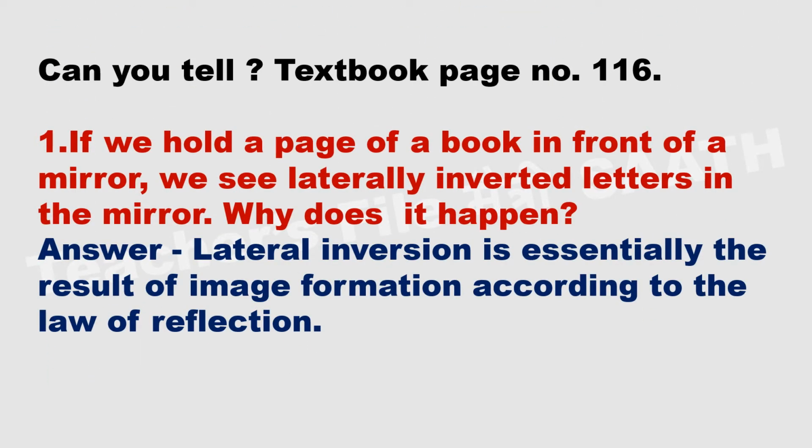Can you tell? Textbook page number 116. If we hold a page of a book in front of a mirror, we see laterally inverted letters in the mirror. Why does it happen? Answer. Lateral inversion is essentially the result of image formation according to the law of reflection.